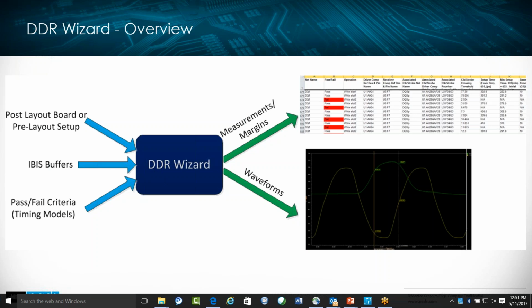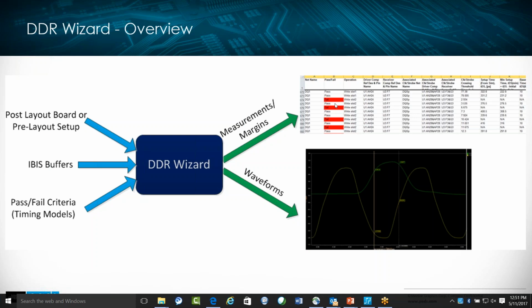The simulation also produces lots of comma-separated value files so we can look at the waveform shapes. We're showing at the top right of my slide here, there's a column that will tell you if you failed or not. It color codes it red. And if there's an error there, we can scroll to the far right and go find the timing parameter or crosstalk number that we violated, whatever it happens to be.